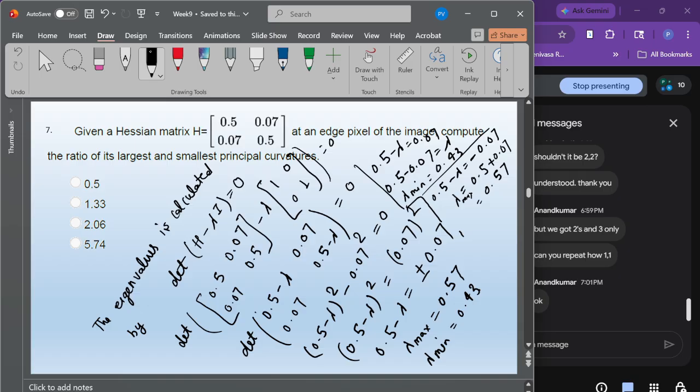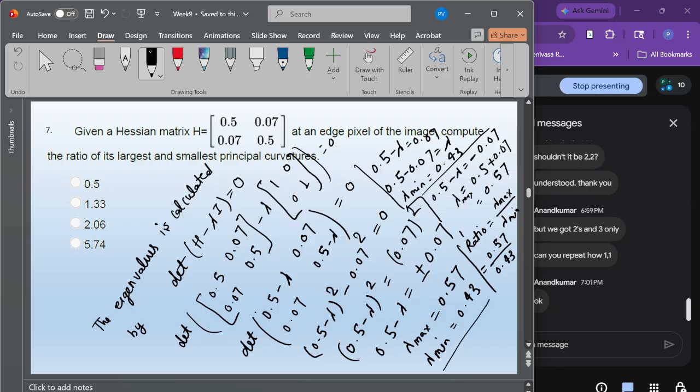So now they are asking to compute the ratio of the largest and smallest principal curvature. So the ratio is equal to lambda max divided by lambda min. So here lambda max is 0.57 and min is 0.43.